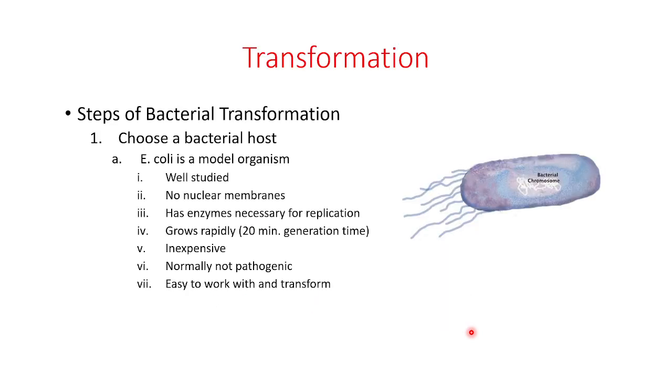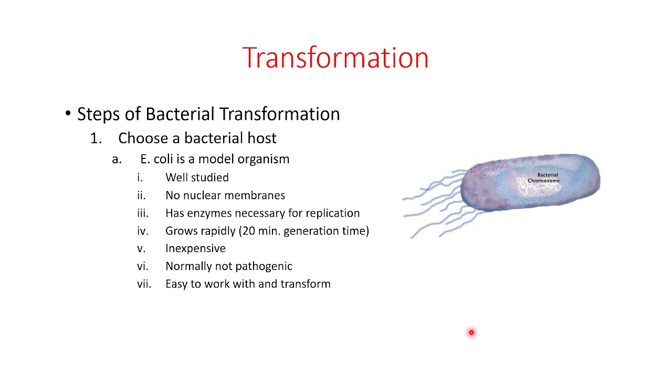So the different steps of your bacterial transformation: the first thing is choosing a bacterial host. It is very important to choose a very good model organism in which you want to undergo, say, your bacterial transformation. So we basically use E. coli as the model organism. There are a few reasons for using E. coli. One being it is very well studied. There are no nuclear membranes present.